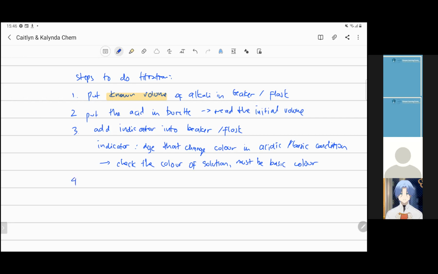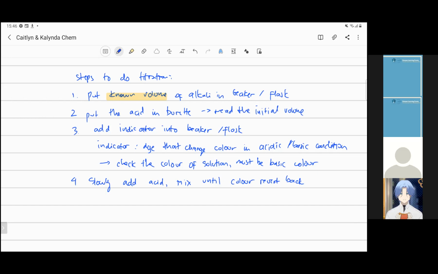And for here, slowly add the acid and mix until the color reverts back.